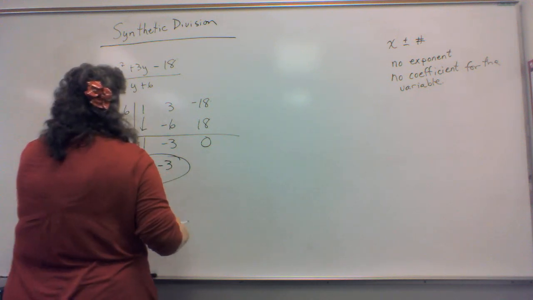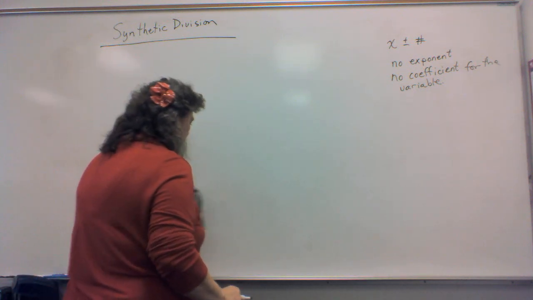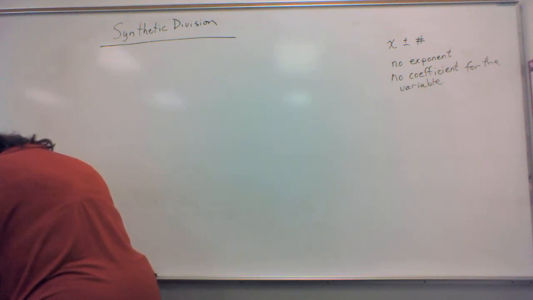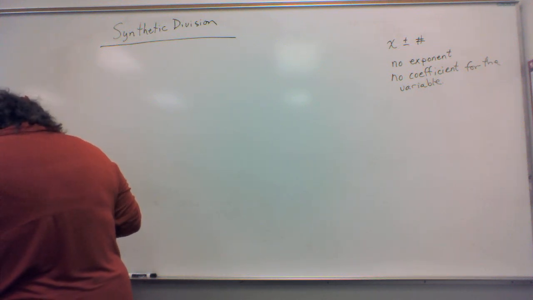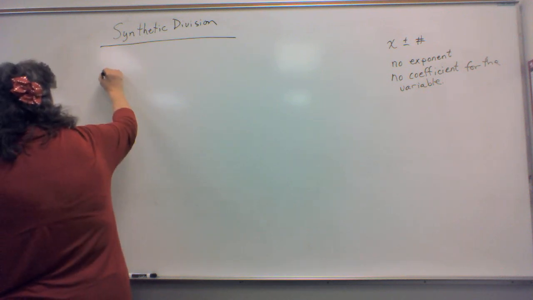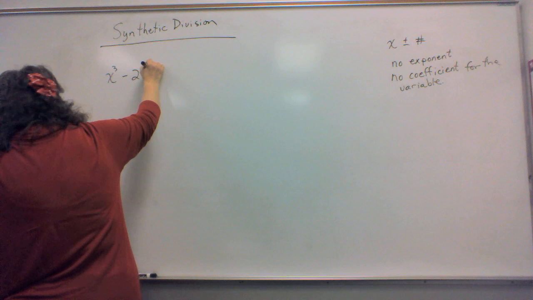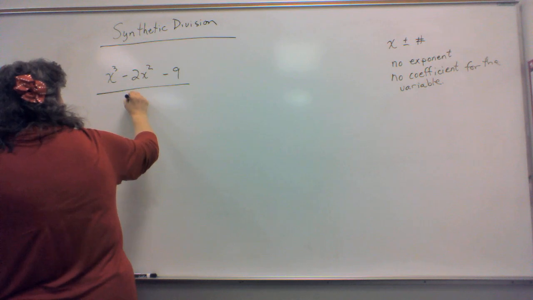Okay, let's look at another one. This one's going to be more complex. Let's look at this one. x cubed minus 2x squared minus 9 divided by x minus 3.